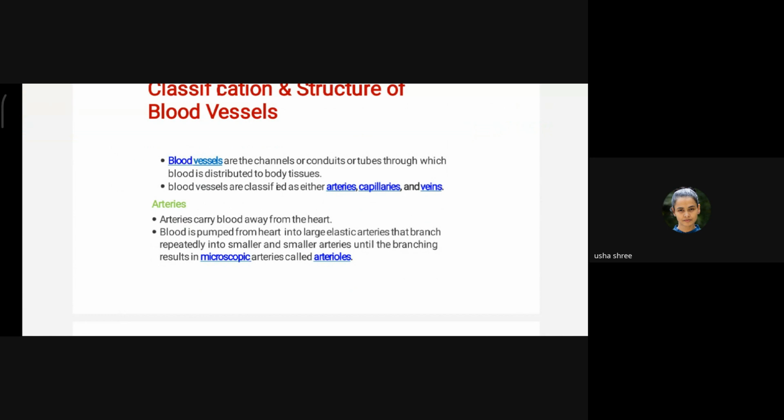It is branched from the main artery to sub-branches, to more branches, to more branches. When these branches reach the microscopic part, where they are not seen with the naked eye, they are known as arterioles.